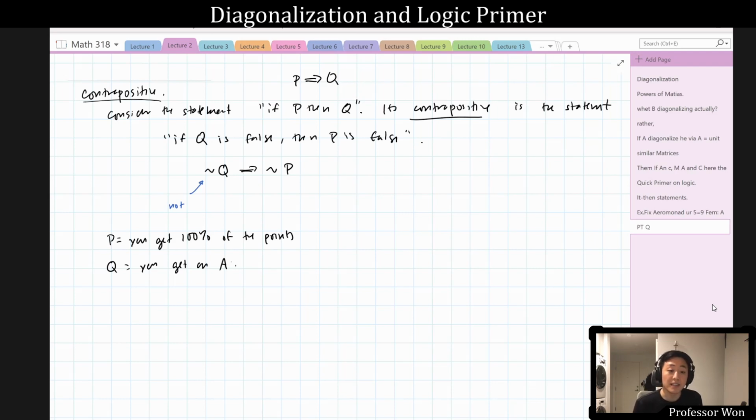So anyone who didn't get an A didn't get 100% of the points. That's exactly the same thing as saying, if you did get 100% of the points, then you did get an A.